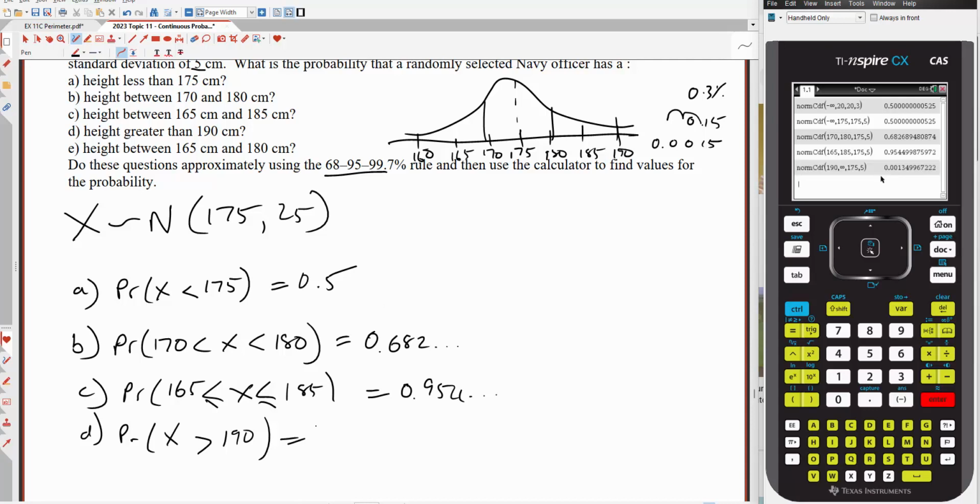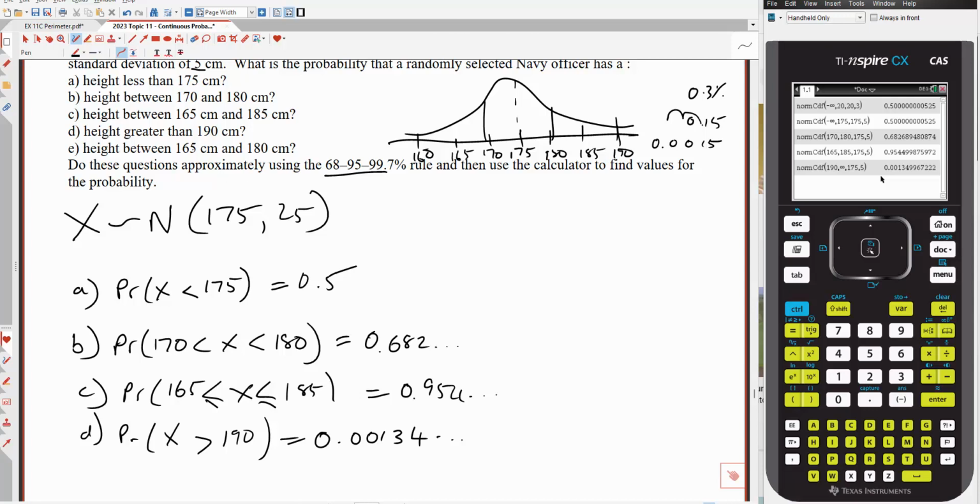Okay, and there it is. So you can see here that these approximations are not fantastic. Okay, well, they're pretty close. I shouldn't say not fantastic, but these give better approximations if we do it with the CAS.